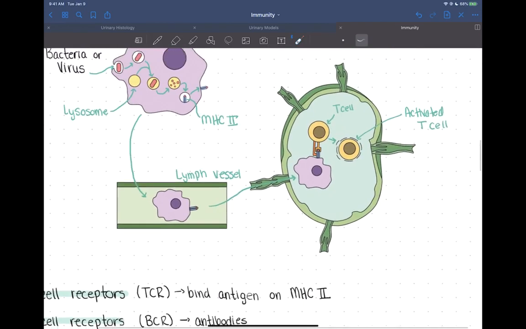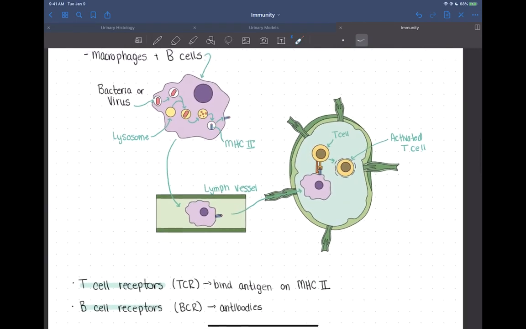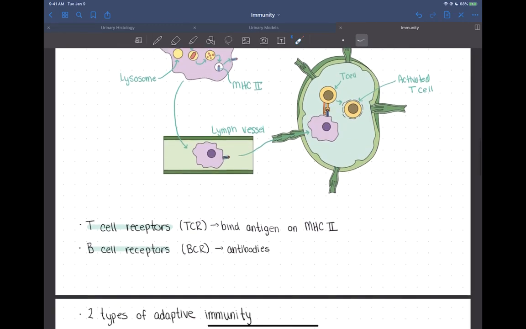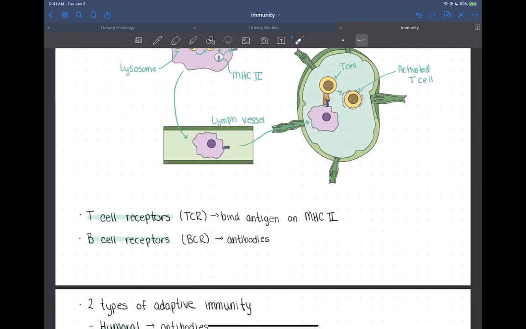The T cell receptor allows that T cell to interact with the antigen on the antigen presenting cell, so it binds to the antigen. Specifically with B cells, and we'll talk about this when we talk about antibodies, the B cell receptor on the surface of a B cell is actually an antibody, and that antibody is what interacts with the antigen on that antigen presenting cell.